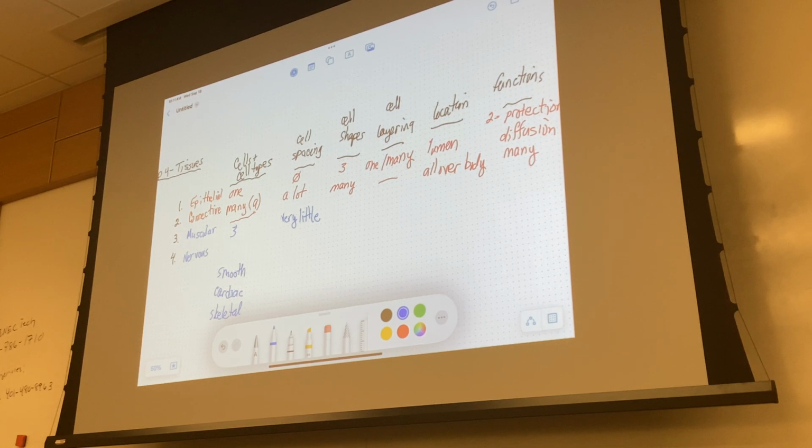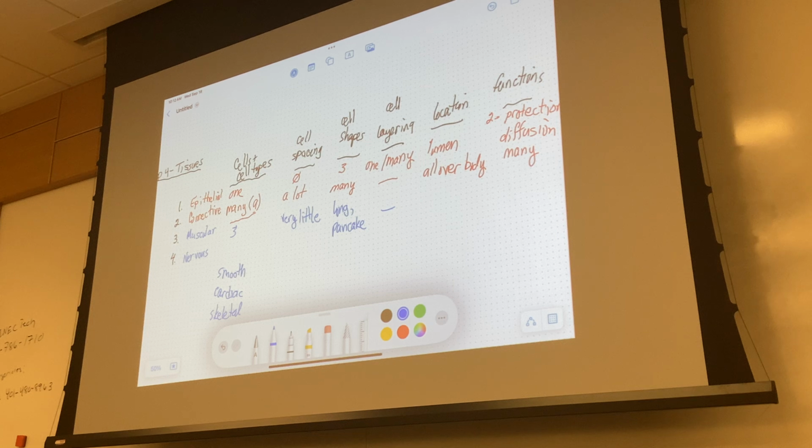The cell shapes can be very long and cylindrical, or they can be sort of pancake shaped. We really don't talk about cell layering in muscles. Yes, they're pancake shaped.